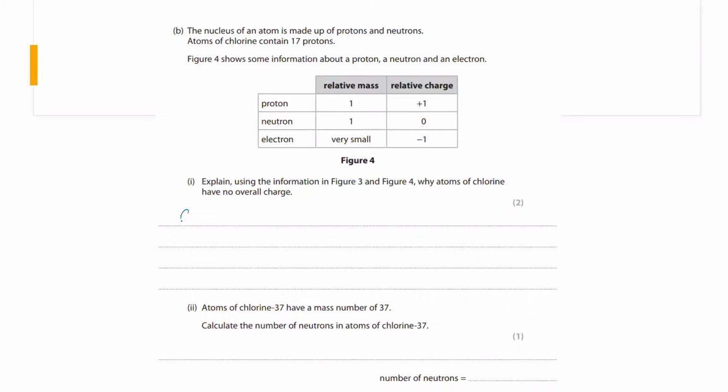Okay, so we're told here that chlorine contains 17 protons. Neutrons do not get involved in this because they have no charge, they're 0 charge.